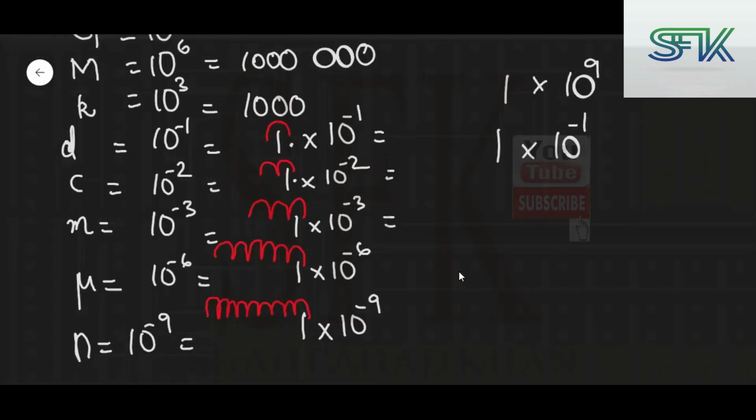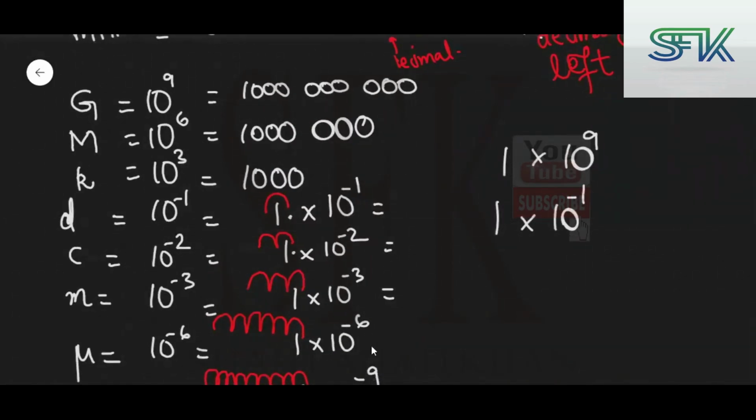The minus sign actually means that the decimal, there is always a decimal, okay? At the end of every number, there is a decimal. Always remember that there is a decimal written at the end of every number, and you must know this from your previous mathematical knowledge. Whenever you have a negative sign in the power, it means something that is being divided.